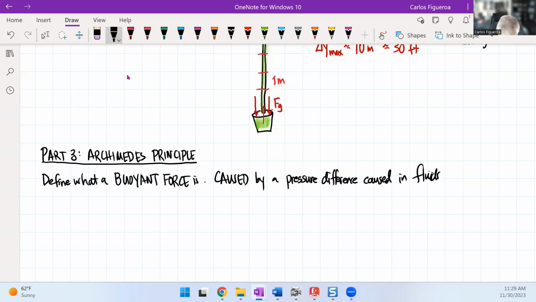And so if I have a block, let's just say we have a rectangular block here, and this block is submerged in water.